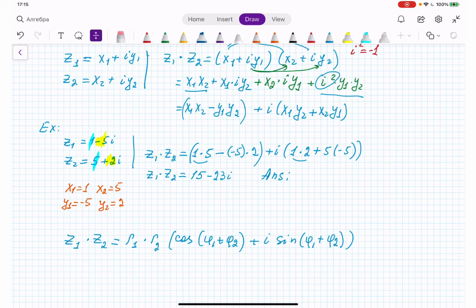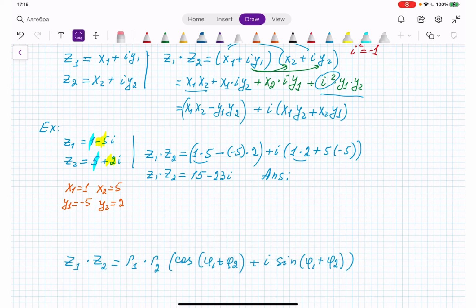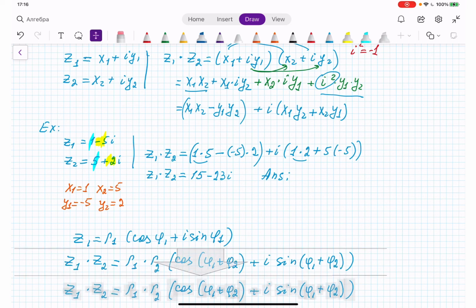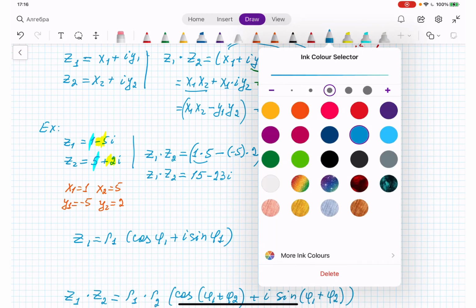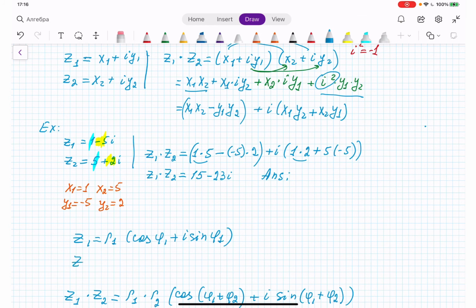Okay, so as we know, trigonometric form is the following. z1 is equal to r1 cosine phi1 plus i sine phi1, right? And z2 is equal to r2 times cosine phi2 plus i sine phi2.